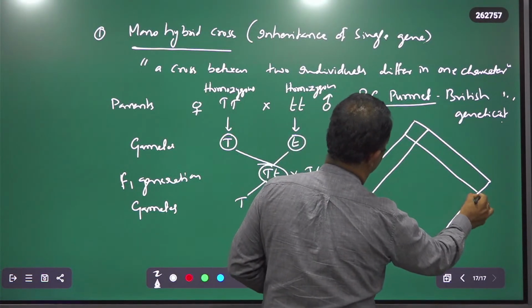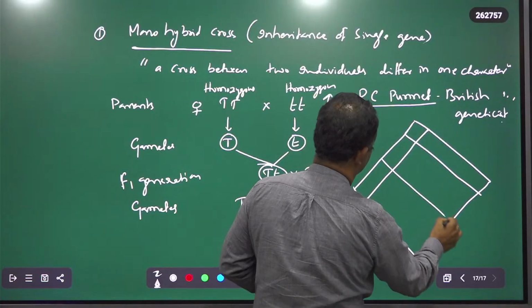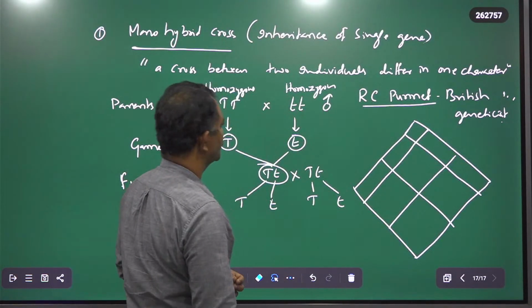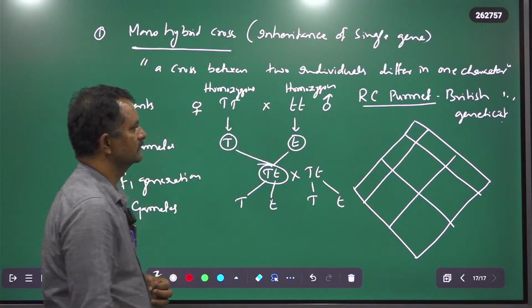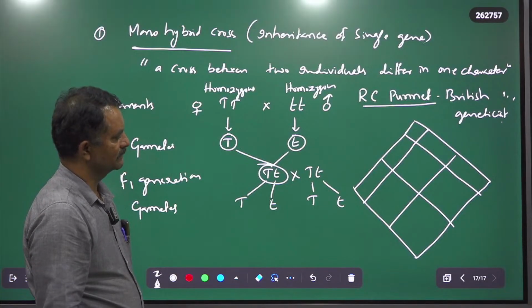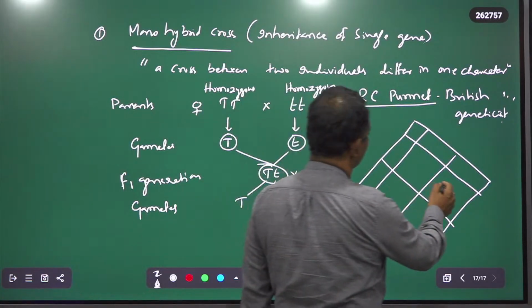It is a graphical representation. The British geneticist discovered the Punnett square. It is a graphical representation.